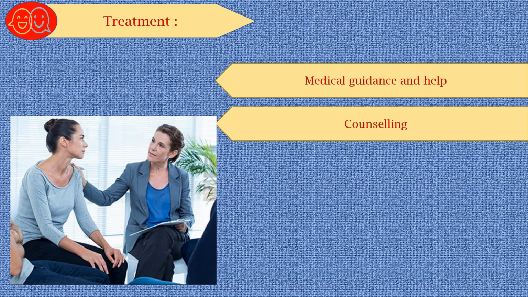The term counseling can mean different things to different people. But in general, it is a process people seek when they want to change something in their lives or simply explore their thoughts and feelings in more depth.